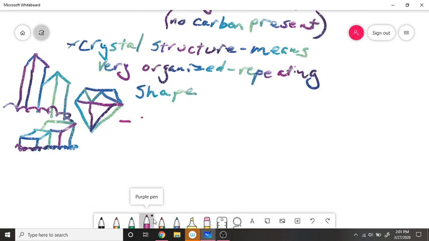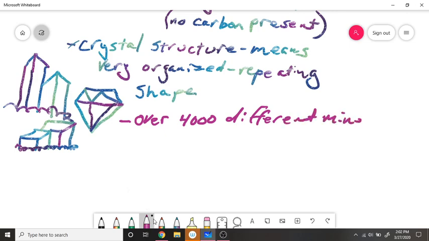There are over 4,000 different kinds of minerals, and we use them for everything.